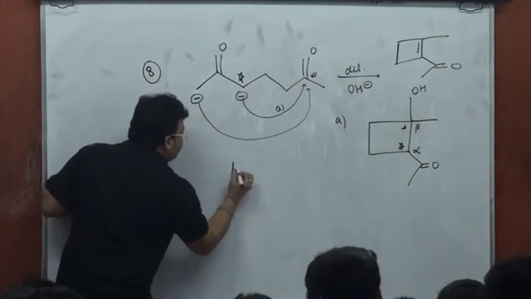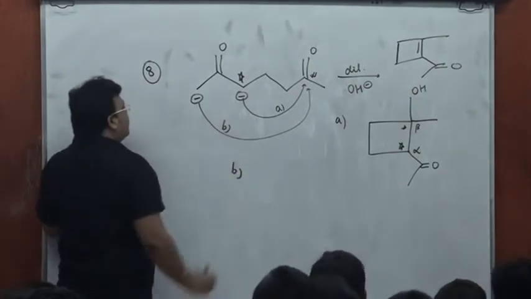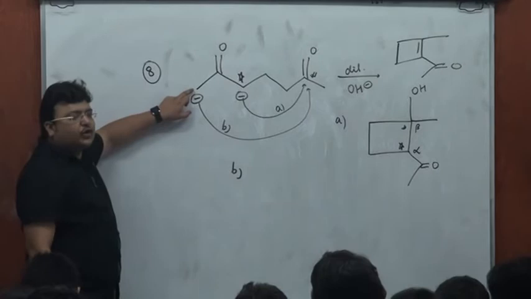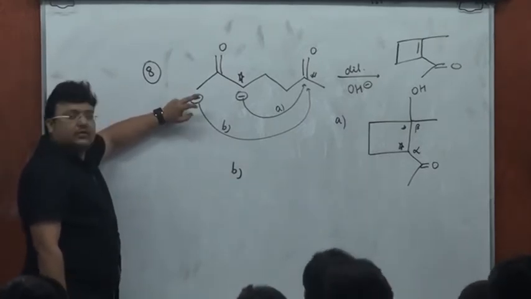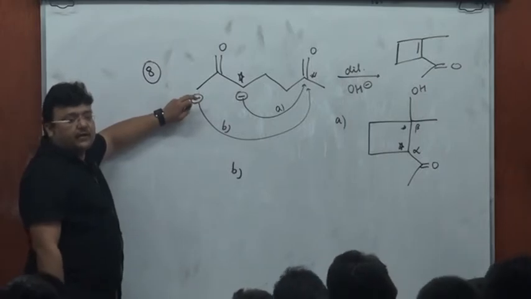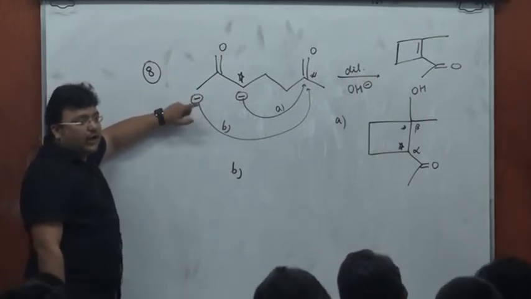Possibility B, where this carbon would lose hydrogen, generating the corresponding enolate, and then you could see it's going to give you a 6-membered ring out of intramolecular aldol.